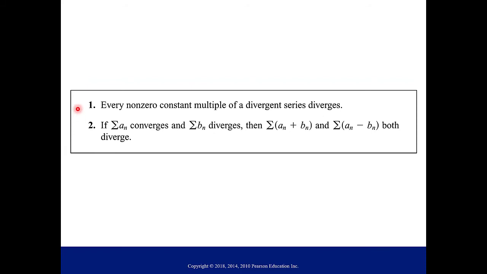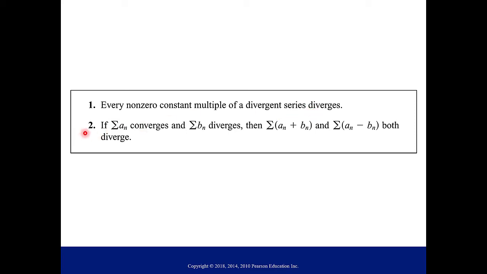Every non-zero constant multiple of a divergent series also diverges. So if you have a divergent series and you multiply it by some value, as long as it's not 0, then that constant multiple of the divergent series you know about also diverges.